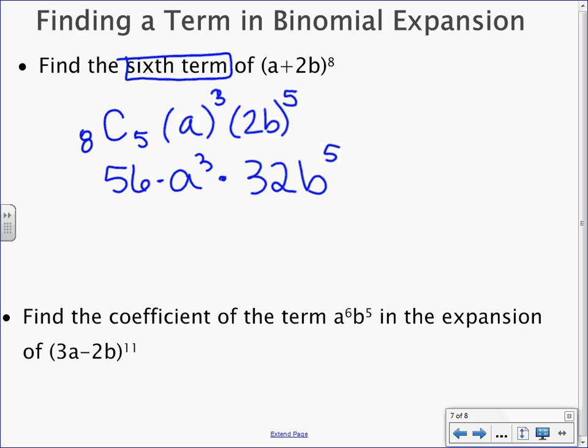Okay, what's 56 times 32? That would be 1792. There's our sixth term. 8 combinations of 5, just put it in your calculator.